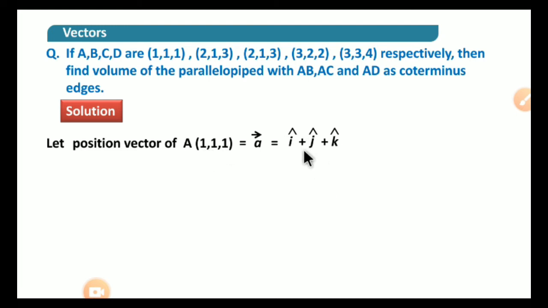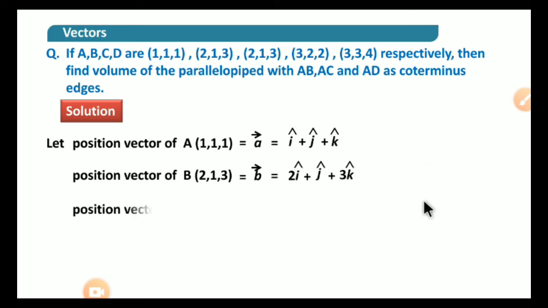So therefore the vector is i plus j plus k. Similarly, the position vector of point B, that is B vector, is equal to 2i plus j plus 3k, and the position vector of point C, that is C vector, is equal to 3i plus 2j plus 2k.